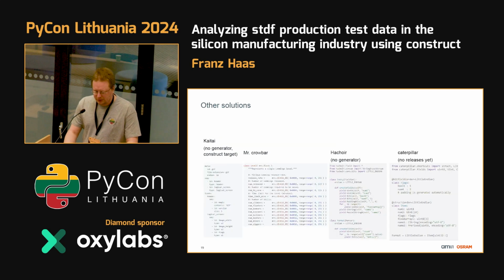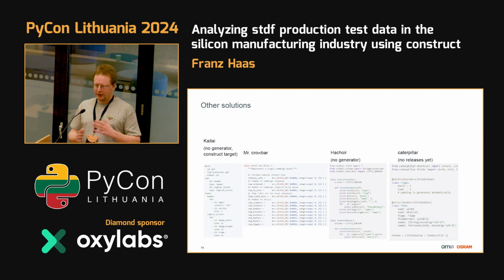We also looked at other solutions. There's Kaitai. They have a symbiotic relationship with Construct, so you can take a Construct definition and ask it to create a Kaitai script, and then use that with the Kaitai tooling if you want to. Kaitai doesn't have a generator, it's only a parser.